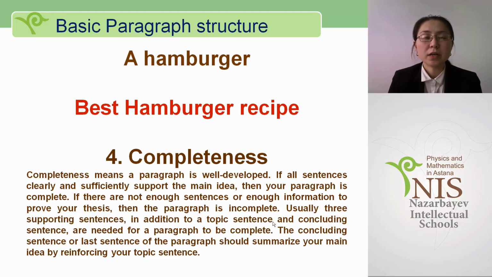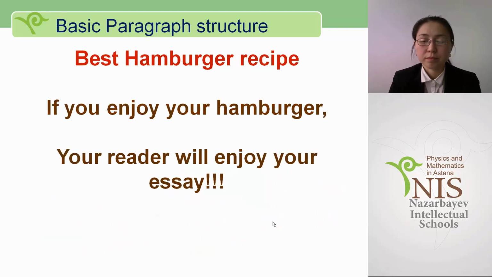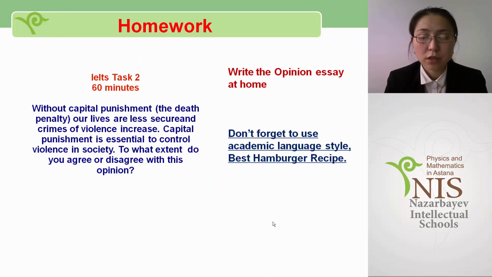Completeness means that the paragraph is well developed and the concluding sentences summarize your main idea. So, if you see here the best hamburger recipe, if you follow it, you will enjoy your hamburger and the reader will enjoy your essay.